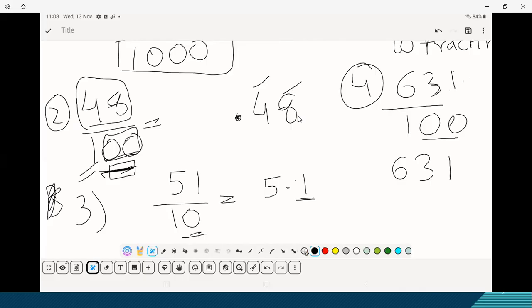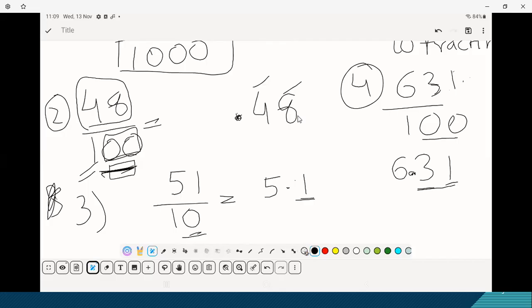So from the right side of the number, we will leave a number of digits equal to the number of zeros present in the denominator. There are two zeros in the denominator, so we'll leave these 3 and 1, and then we'll put the decimal before 3. So that will be 6.31.